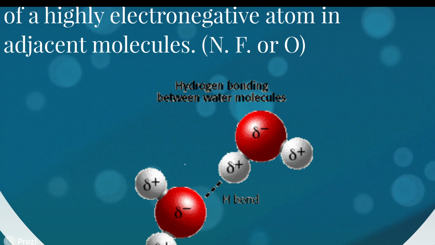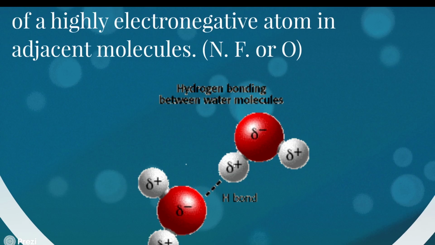Therefore, since there's no shielding, it makes a real close and stronger intermolecular bond. So the distance of that bond is really small because there's no shielding in between, and those electrons can get as close as they want to that positive nucleus of the hydrogen.